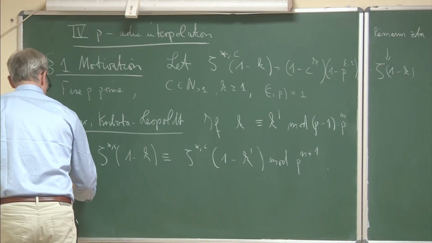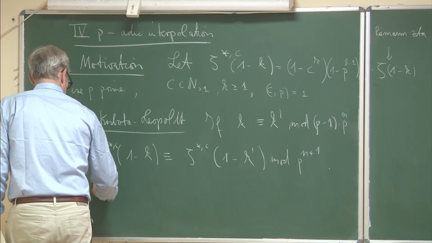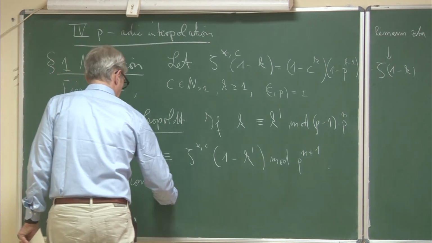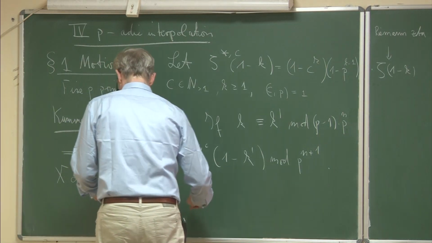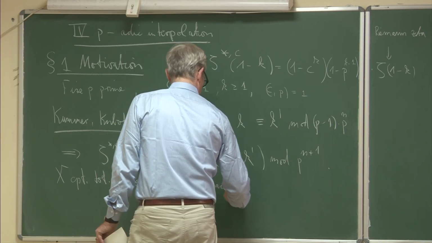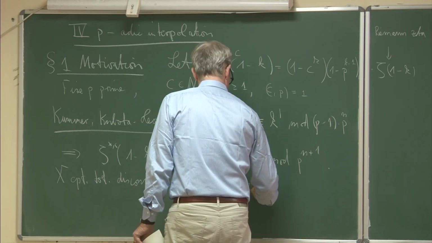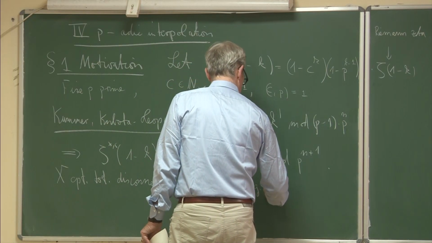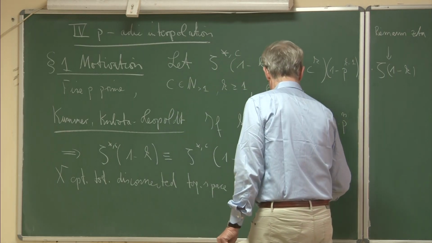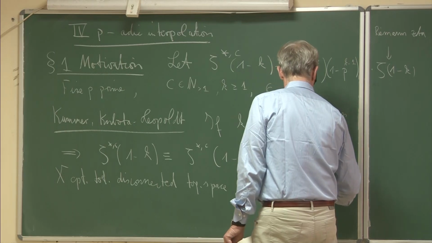So let X be any compact, totally disconnected topological space. And the only thing at the moment which is important is you take the p-adic integers, the units in there. Yeah, the units in Z_p.